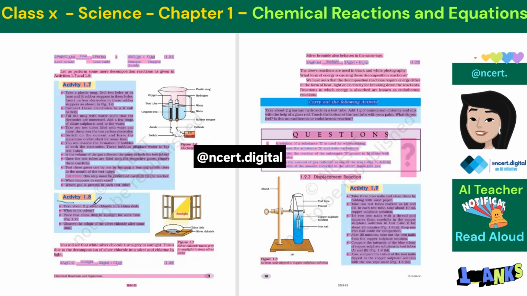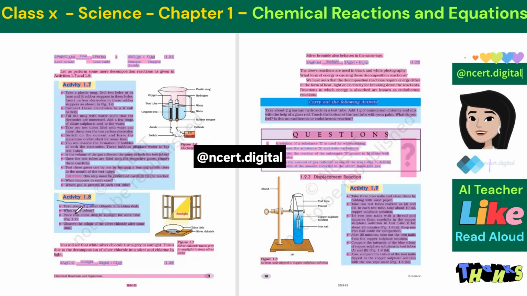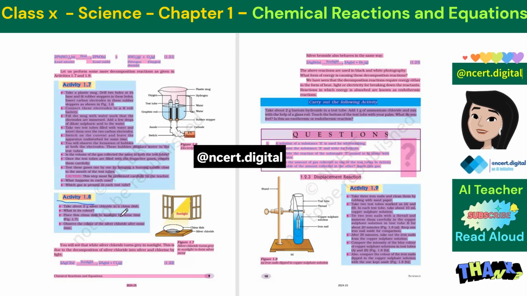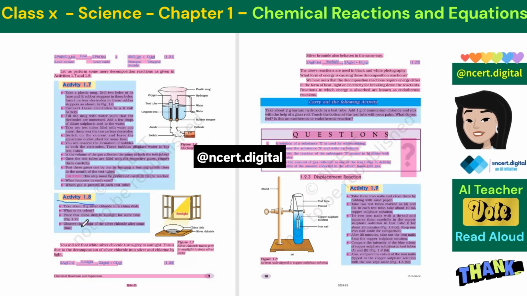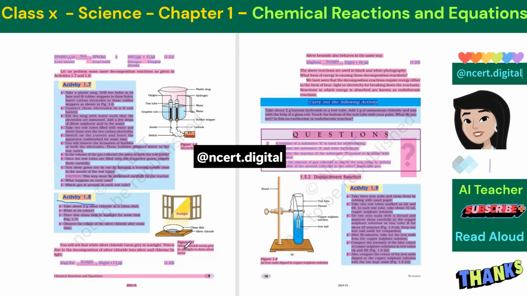Activity 1.8: Take about 2 g silver chloride in a china dish. What is its color? Place this china dish in sunlight for some time, Figure 1.7. Observe the color of the silver chloride after some time. Figure 1.6: Electrolysis of water.